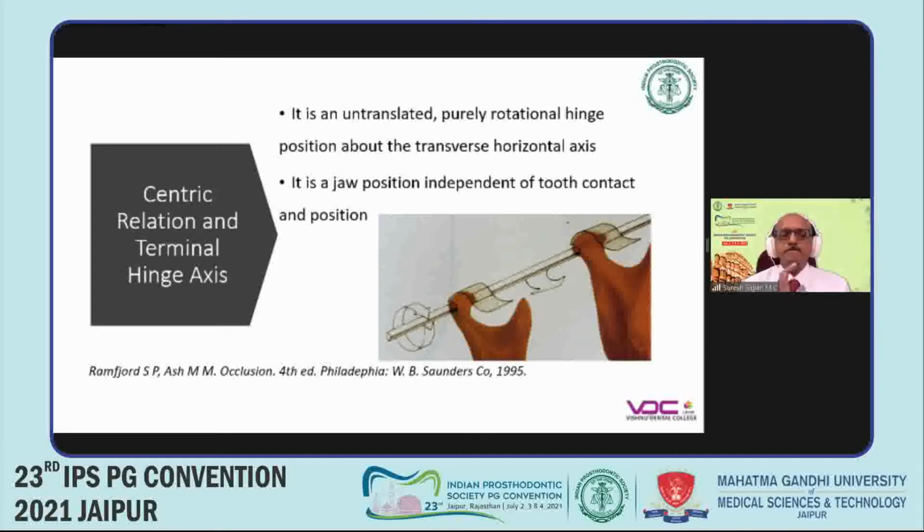So it is very important to have this understanding, because when we transfer the terminal hinge axis to the articulator by means of a face bow, and then record the centric relation in the patient's mouth and put them together on the articulator, only then can the articulator simulate the movements of the mandible and help with whatever we want to do in the articulator. Okay, so that is how it will be. And if you use more complex articulators, probably it would become more complex as well.